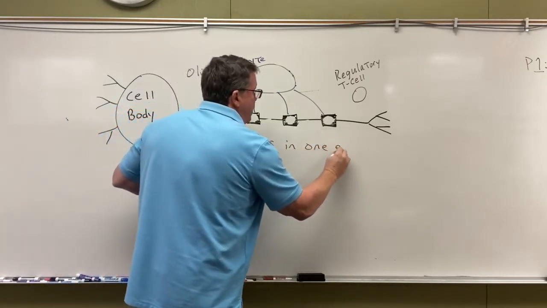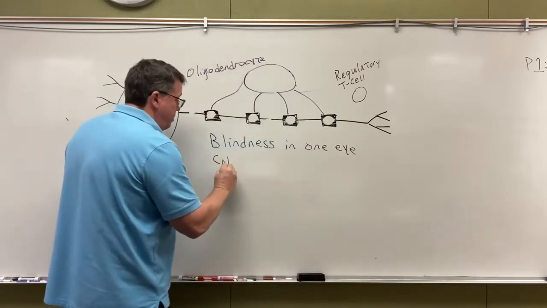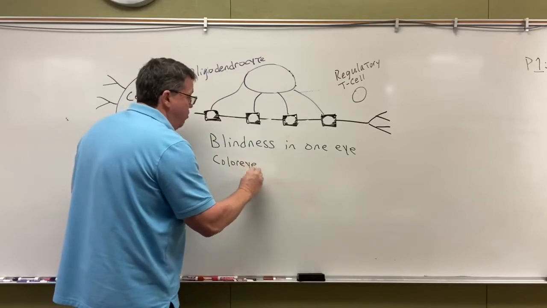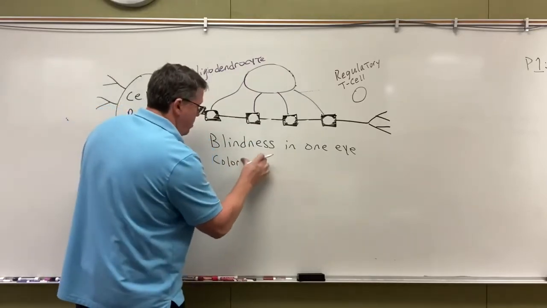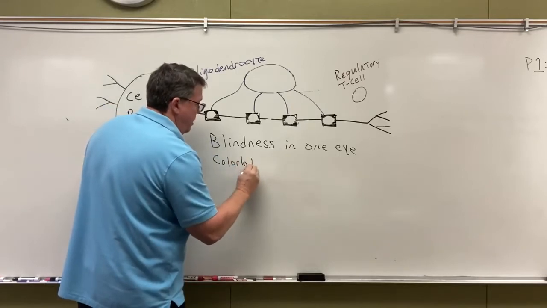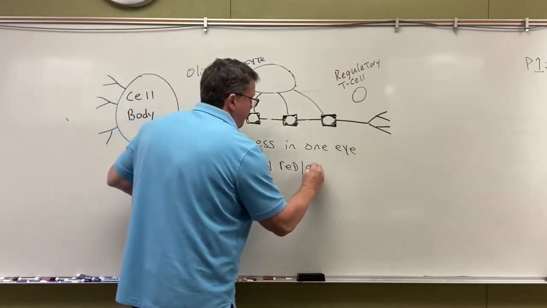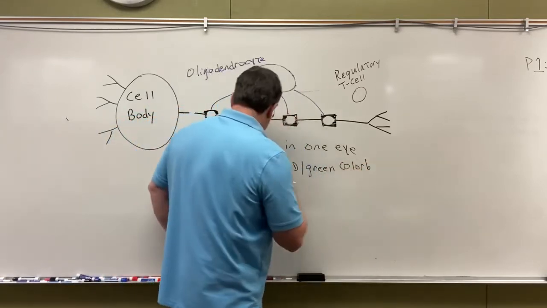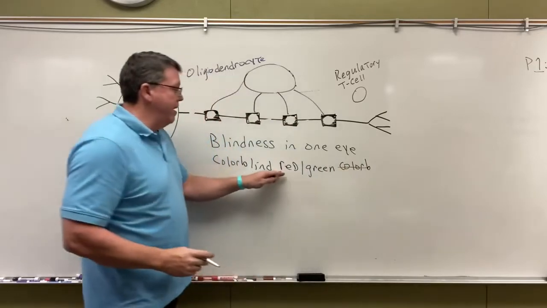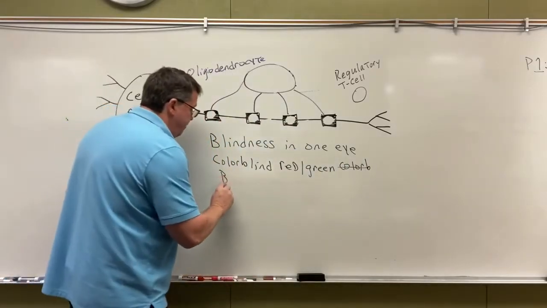All right? Sometimes people will get color blindness. It'll be red-green color blindness. Okay. So I have red-green color blindness, right? They may have blurred vision.